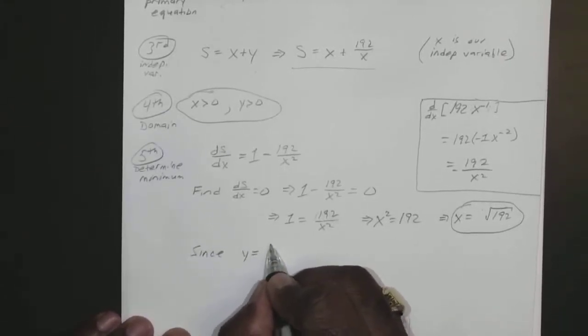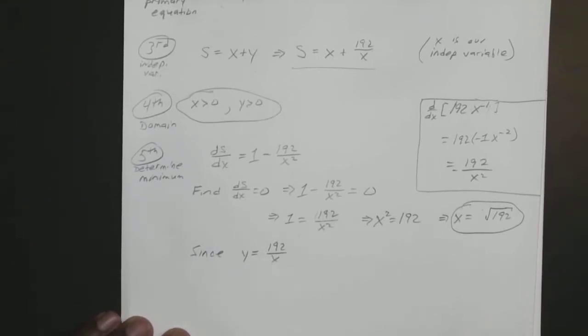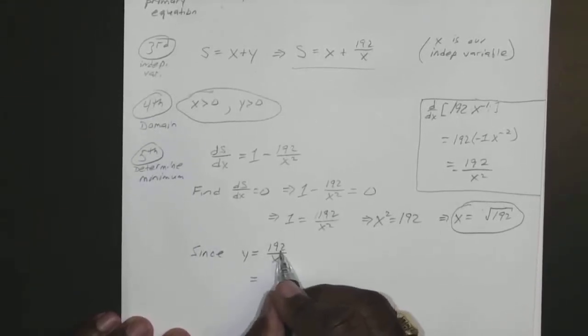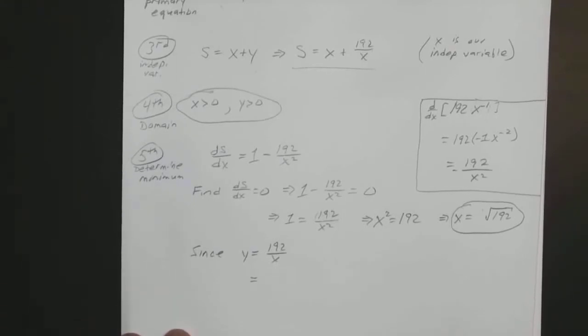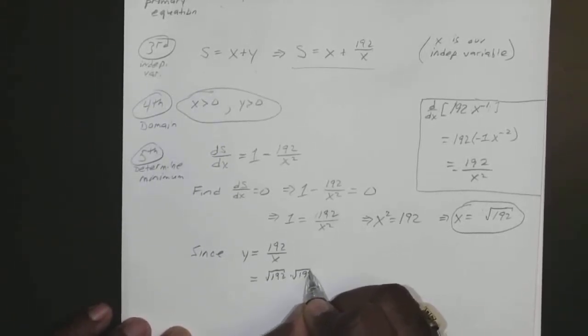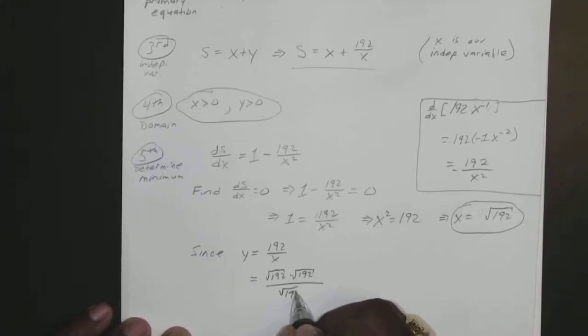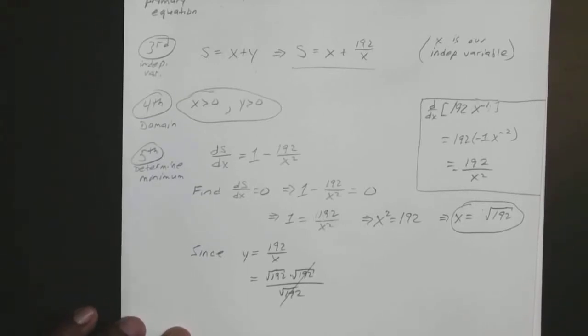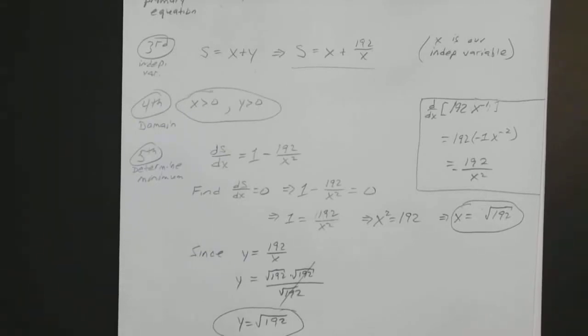Since y equals 192 over x, if we rewrote 192 as square root of 192 times square root of 192, divided by the square root of 192, which is our x value, those cancel out, so you get y equals square root of 192. So we know that the sum is a minimum when x and y equal square root of 192.